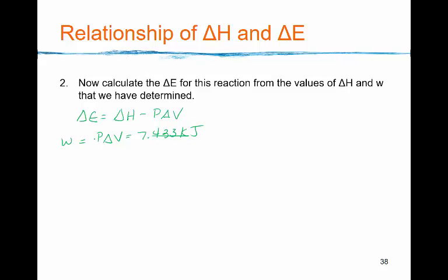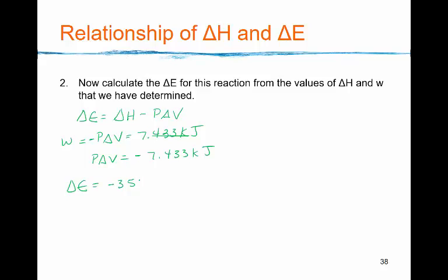That was the work we just calculated on the previous screen. So the minus P delta V is the opposite of that, a negative 7.433 kilojoules.